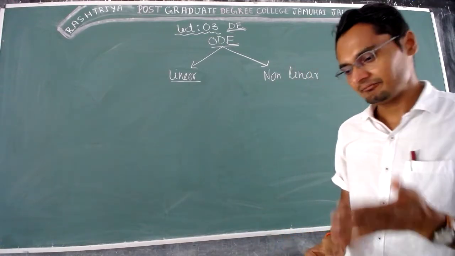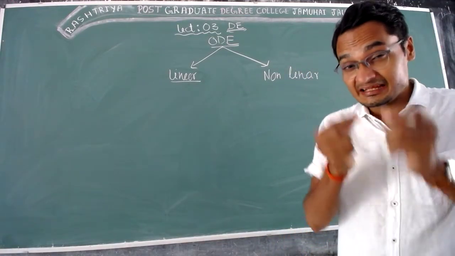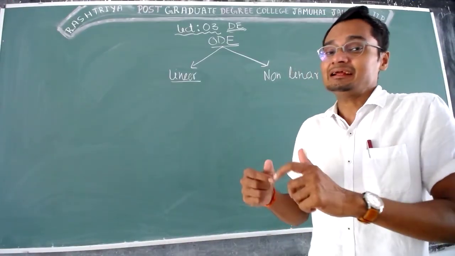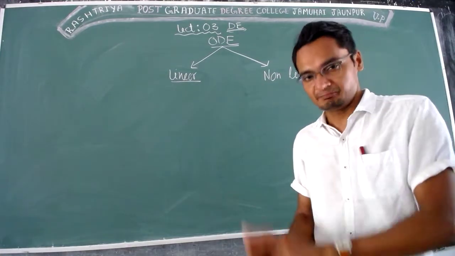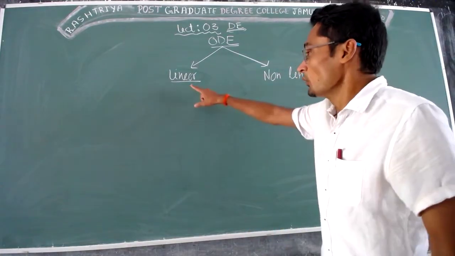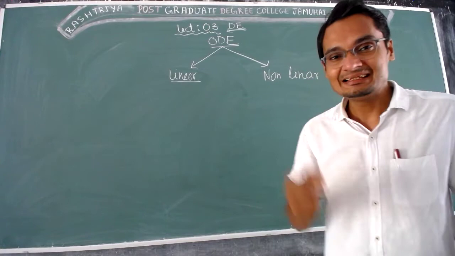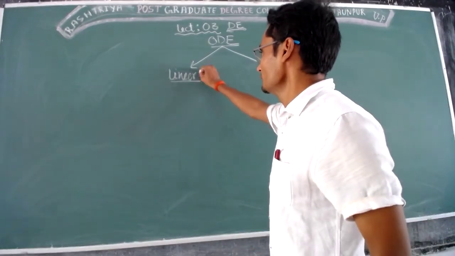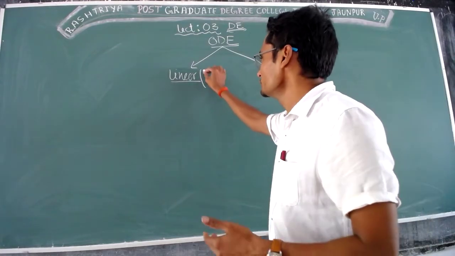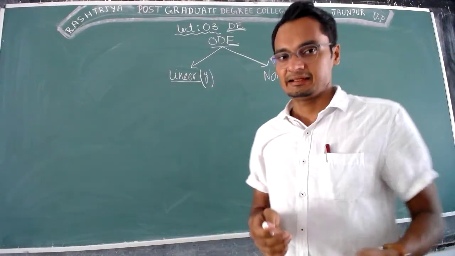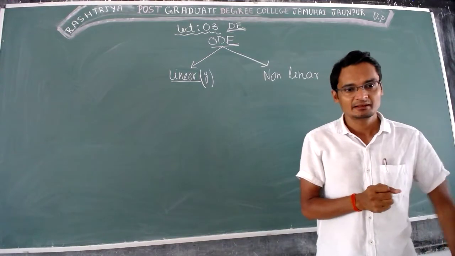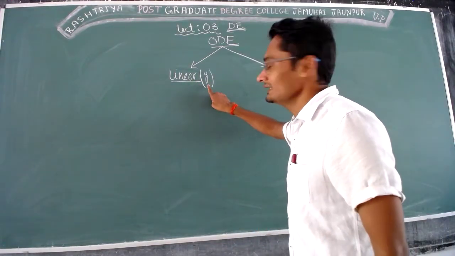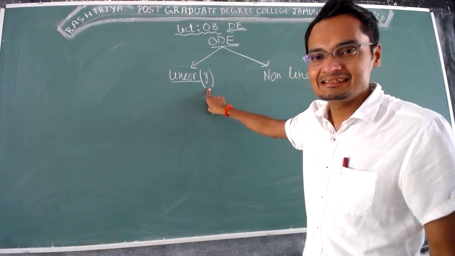From the beginning we have seen that a differential equation involves derivatives of the dependent variable. So whenever I say linear, it means linear in the dependent variable. By default we take y. Yesterday a student from IIT Indore asked me why always y, why not x, t, u, v?